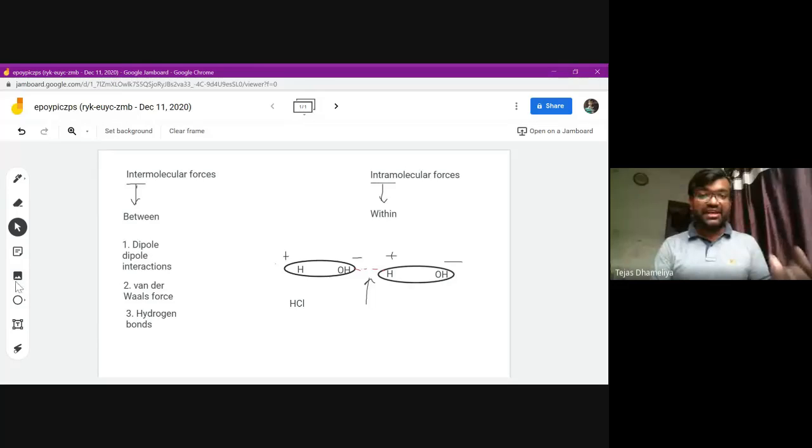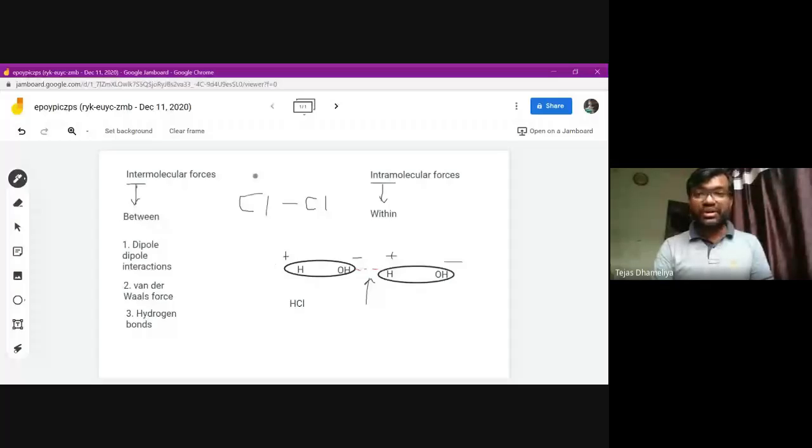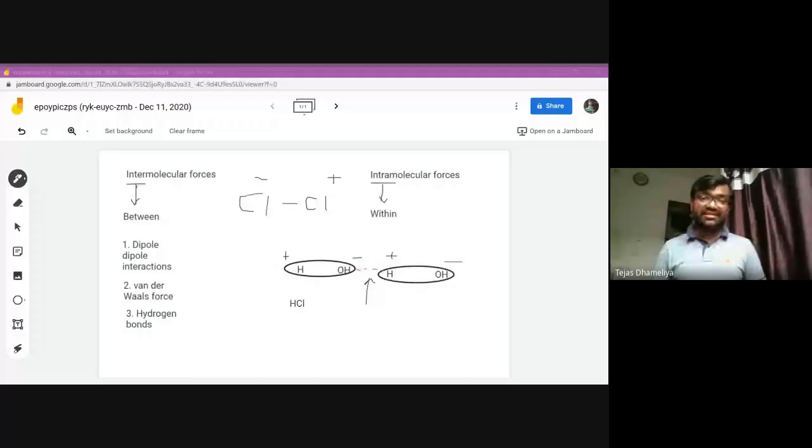Dipoles are also possible between one chlorine and another chlorine, where one chlorine will be negative and the other chlorine will be positively charged. So these kinds of dipoles are also possible, but their dipole moment may be less than that.